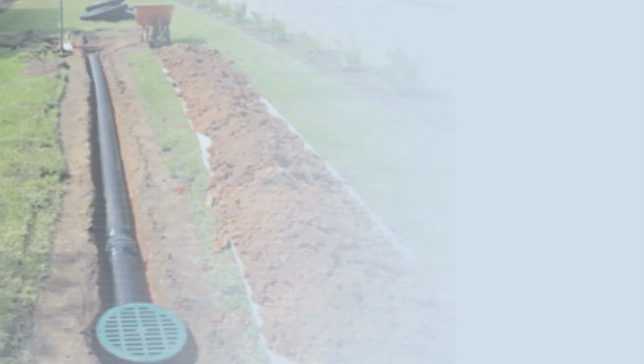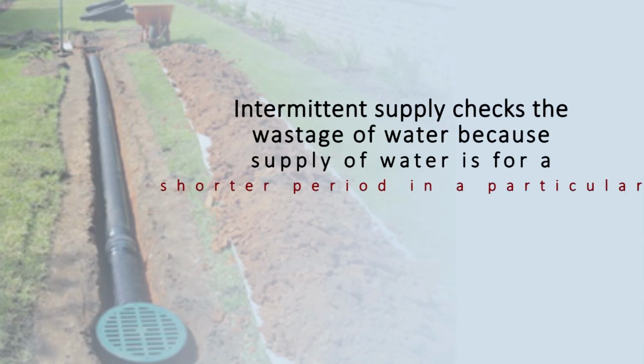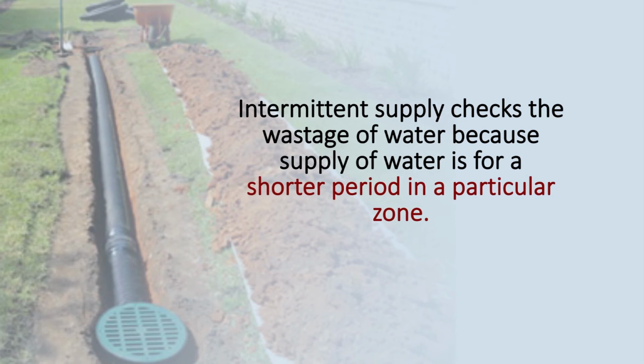In the intermittent supply, water is supplied mostly at peak hours. Intermittent supply checks the wastage of water because the supply of water is for a shorter period in a particular zone.